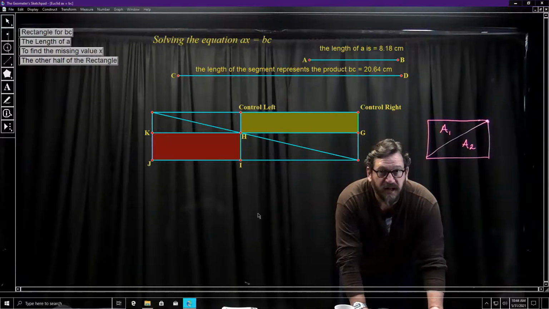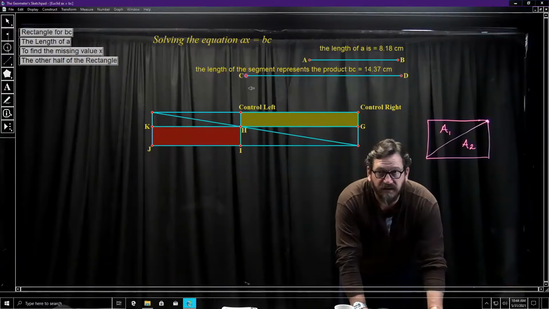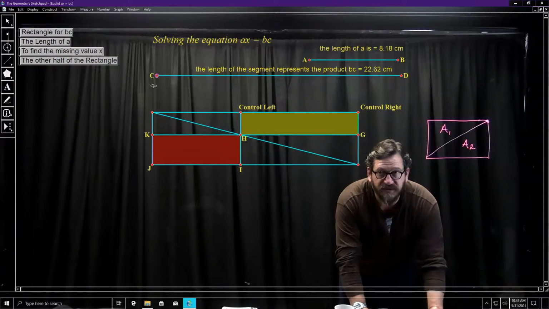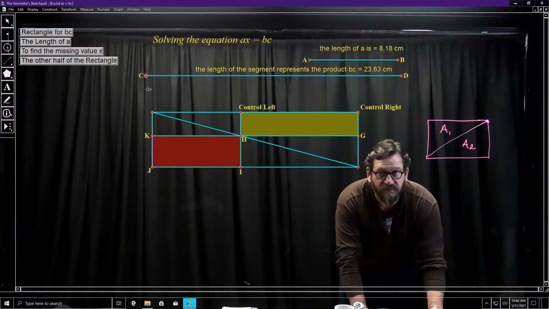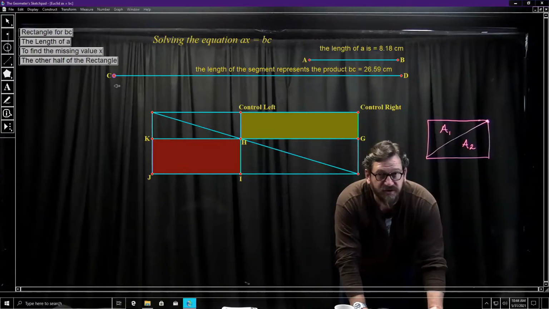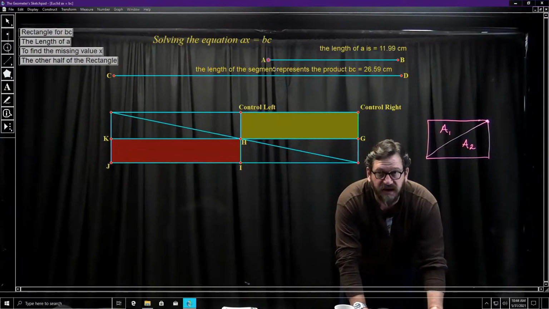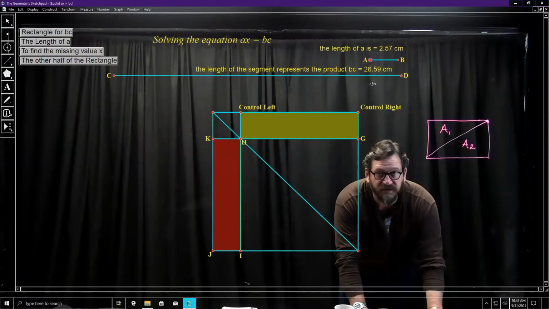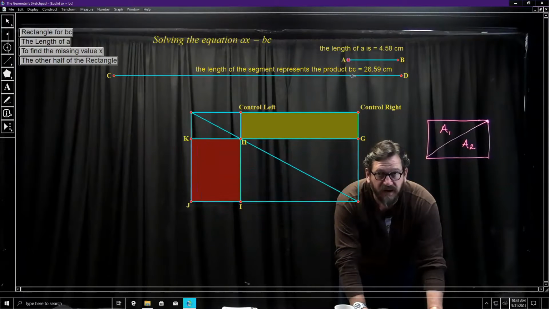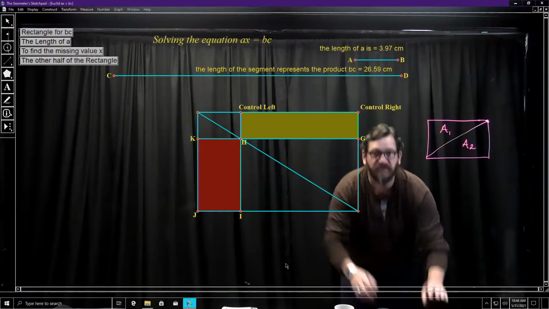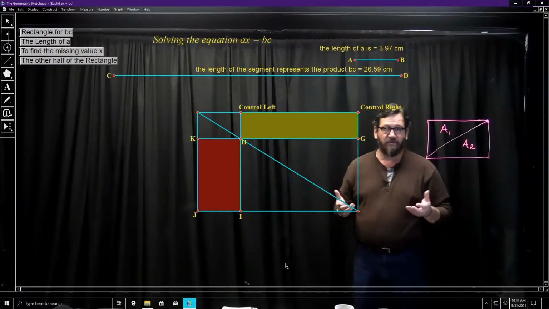Now let's watch what happens. If I change the product, no problem. This will just slide back and forth. Notice my construction still works. If I'm over here and I change the length of A, not a problem. It's simply going to slide back and forth, but my construction and the theory behind it still works.